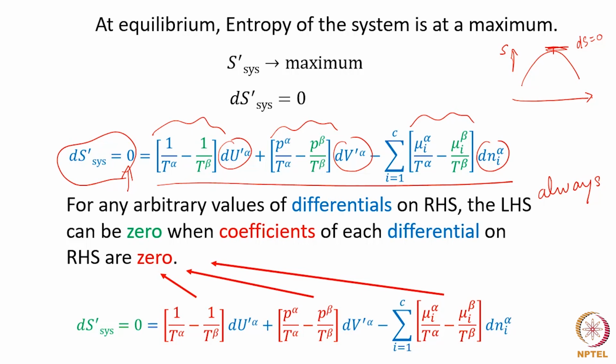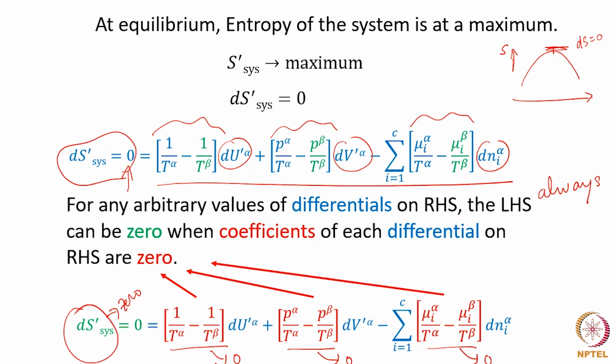So when these three coefficients are 0, it is guaranteed that the entropy change, this quantity, will be 0, and which then guarantees that the entropy has reached a maximum, which also says that basically we have reached the equilibrium. So because of these being zeros, we have conditions that are coming out for equilibrium.